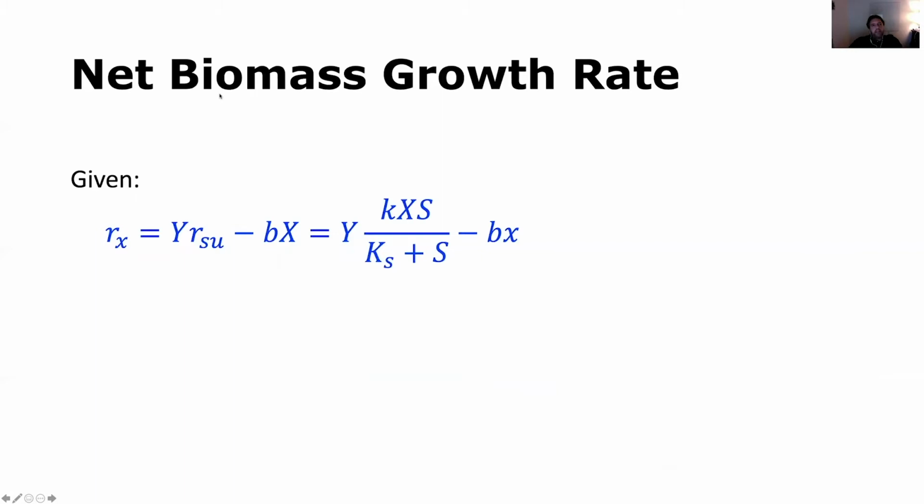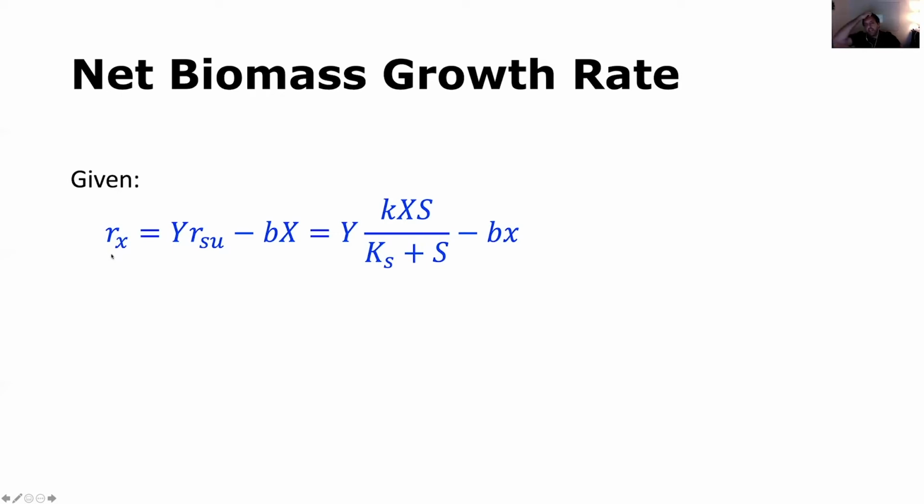So the net biomass growth rate, R sub X, is equal to the yield times the substrate utilization rate minus the death rate times the concentration. Basically, it's the microbial yield multiplied by how fast they're utilizing the substrate, and then we subtract from that how fast they're dying off in the system to get the net biomass growth rate.